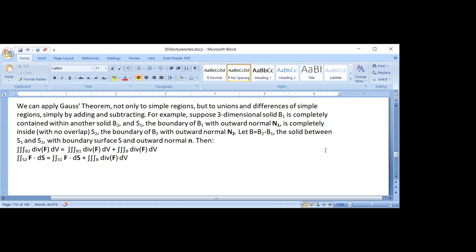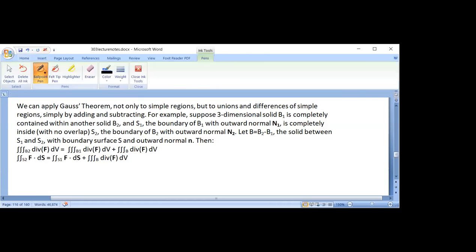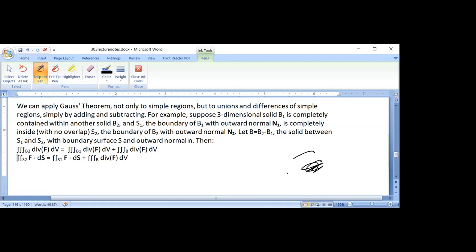Your outside solid B2 has boundary surface S2, and that has outward unit normal N2. Okay, so if it helps, just imagine one solid here, but then there's another solid that is outside that, and it's filled in, but I don't want to fill it in too much.